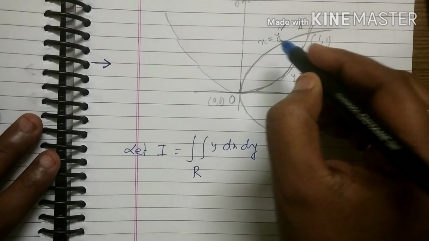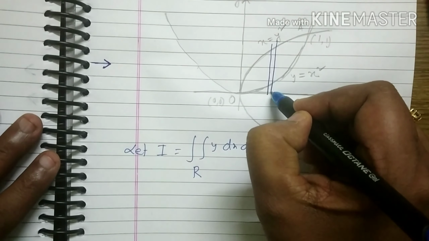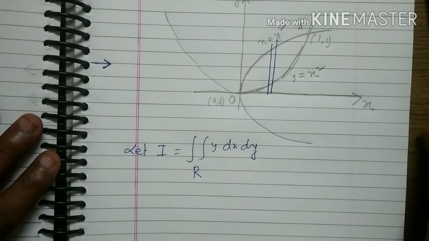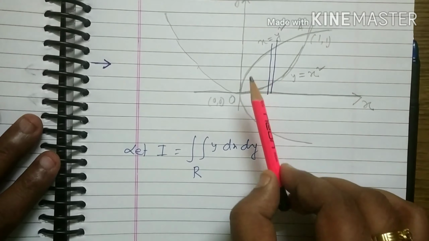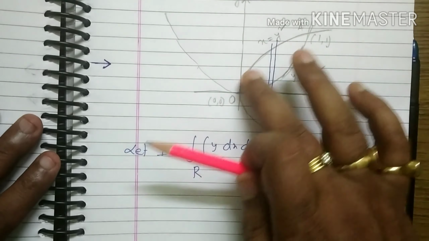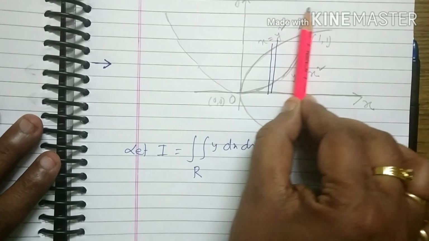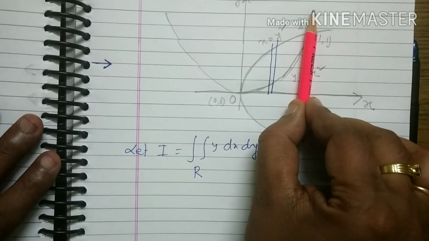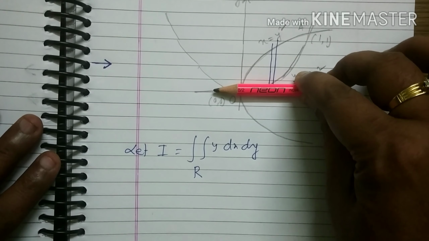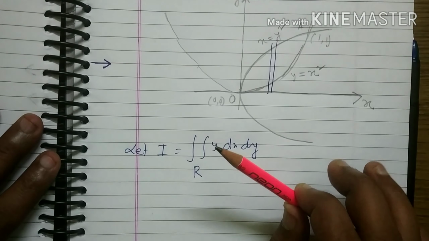Now draw a strip, just like a color brush, you want to color this particular area. Then you can go left to right, right to left, up and down, both. Any one direction you can consider.